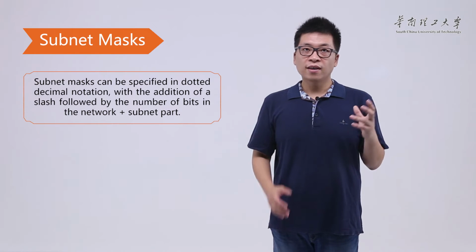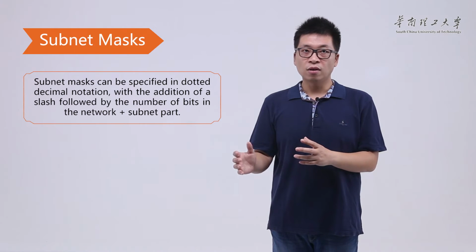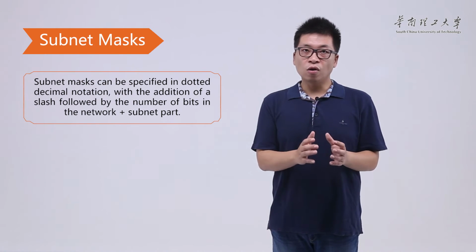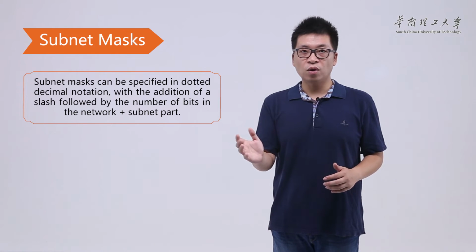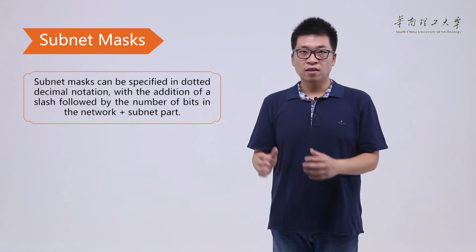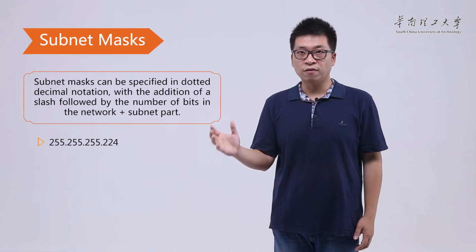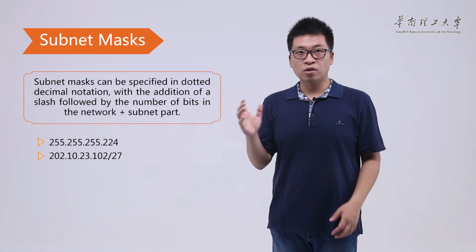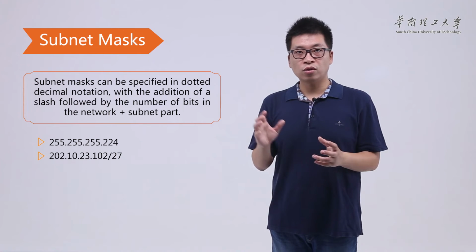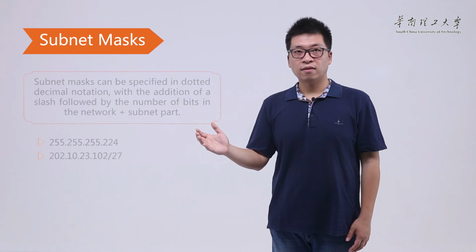Subnet masks can be specified in dotted decimal notation with the addition of a slash followed by the number of bits in the network plus subnet part, such as 202.10.23.102/27.